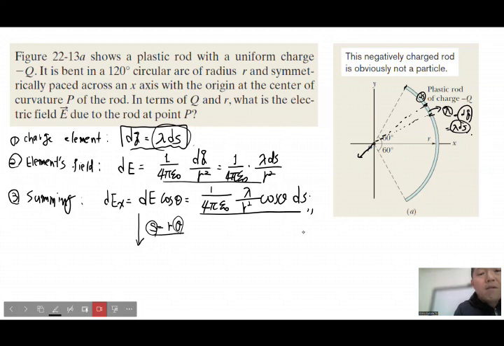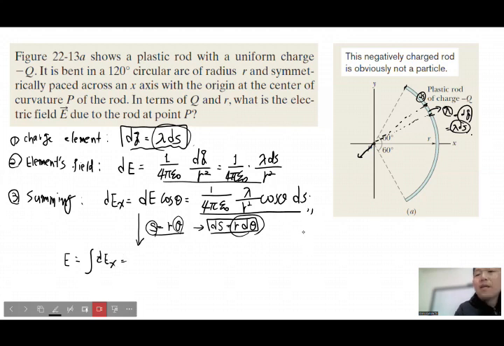If you take a derivative of this equation, ds equals r d theta, because r is a constant value, so it can come out of the derivative. If you replace ds with r d theta, then the electric field is the integral of dEx.